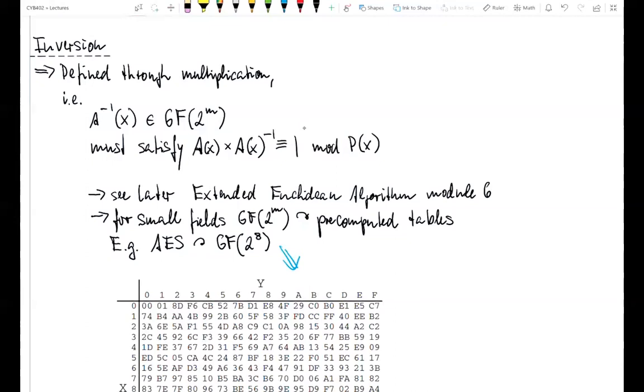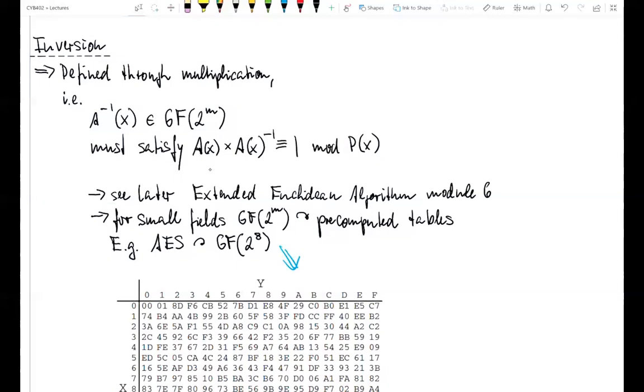And if the result is 1, then you're lucky and you have the inverse. So here it's polynomial multiplication. So this is more involved. You will probably believe that.